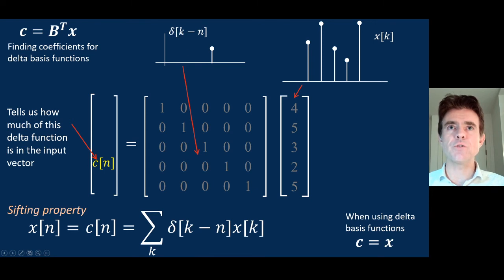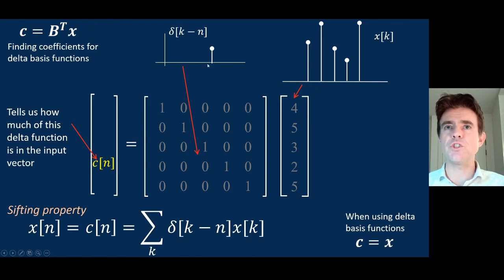A delta function, delta of k, shifted to position n in that independent variable, is multiplied by x of k. That multiplication picks out position n. So imagine it's this sample.